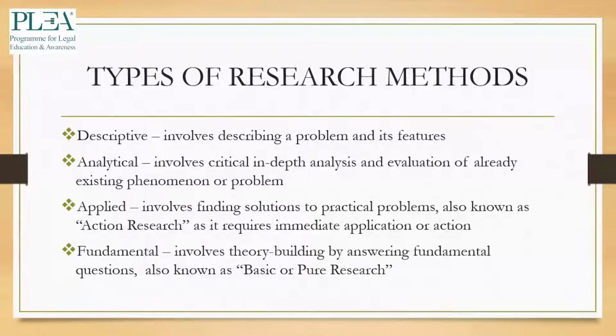For example, we have Roscoe Pound's theory of social engineering. When it was first carved out by Roscoe Pound, he talked about lawyers as social engineers, lawyers who have to do something for the society, they have to build the society.